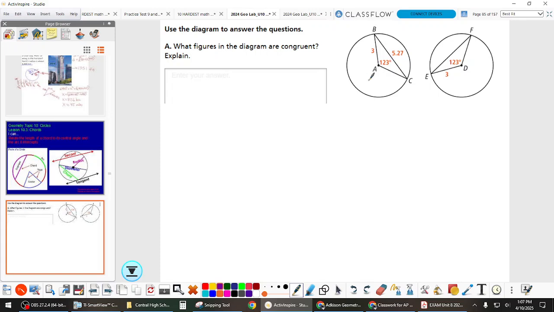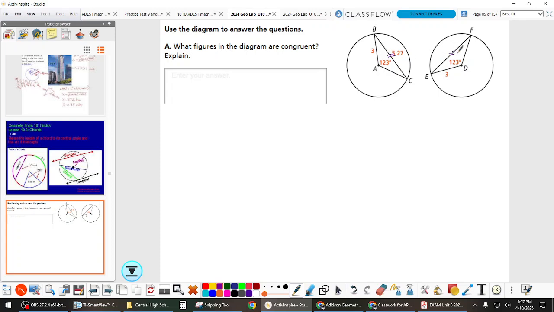Why is it a central angle? It's at the center. I'm being specific about this because our next topic, we're going to have an angle over here on the side, which is different, okay? So make sure you know it's because it's at the center. Anyway, so yeah, those are definitely congruent chords.